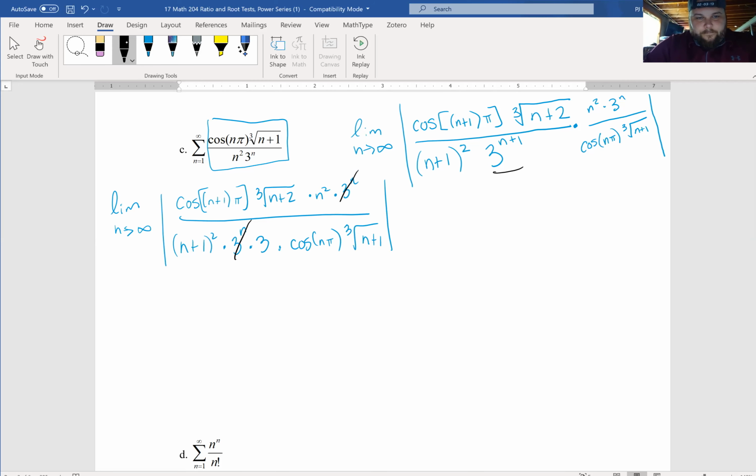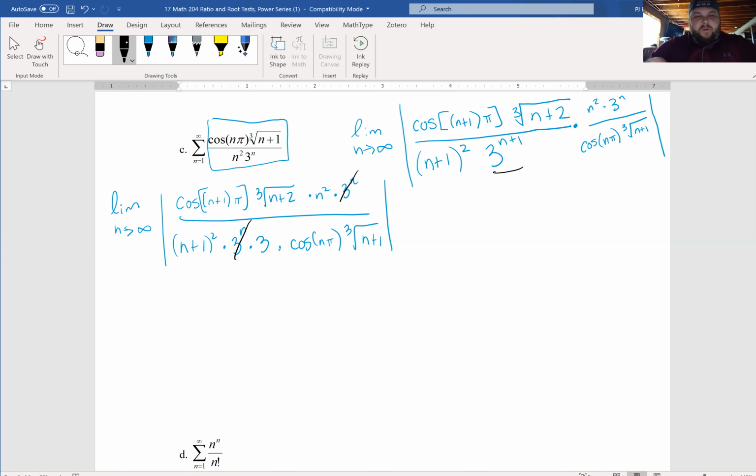Now, at this point, n squared, n plus 1 squared, cubed root of n plus 2, and the cubed root of n plus 1, all of those quantities are positive because n's 1 to infinity. You're adding numbers to it, you're squaring them, and so forth. So none of those could be negative. This 3 down here, positive already.